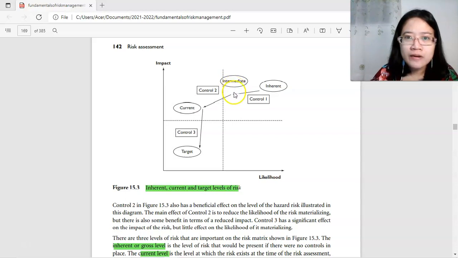Tapos, from this level, in-implement yung control 2 or consider yung effectiveness ng control number 2. So, bumaba ulit yung impact. Ayan. Tapos, yung likelihood, bumaba din. Ayan. So, andito na yung current level. Okay? Ngayon, dito sa current level, meron pa rin mga other controls that could be implemented. Pero minsan kasi ito yung part na meron nang constraints.